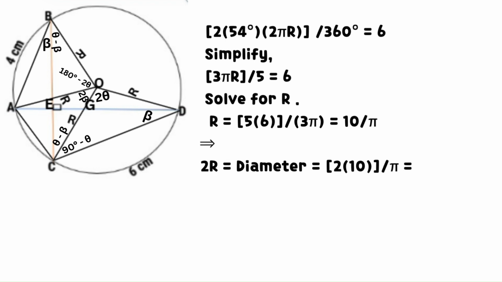Simplify and we have that 3 times pi times r divided by 5 equals 6. Solve for r. We obtained that r equals 10 divided by pi in centimeters. After simplification of the substituted value, it follows that 2 times r equals the diameter of the circle, which equals 20 divided by pi in centimeters, as shown on the screen.